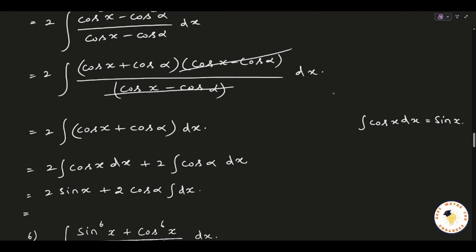So the answer for this will become 2 sin x plus 2 cos alpha into integral dx, answer is x, plus constant of integration c. This can also be written as 2 sin x plus 2x cos alpha plus c.